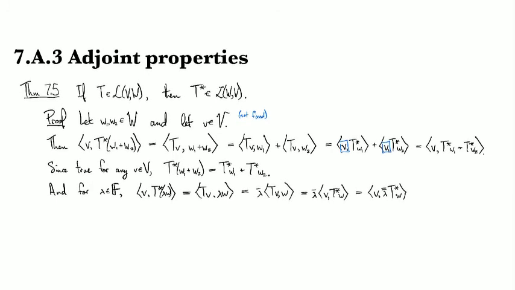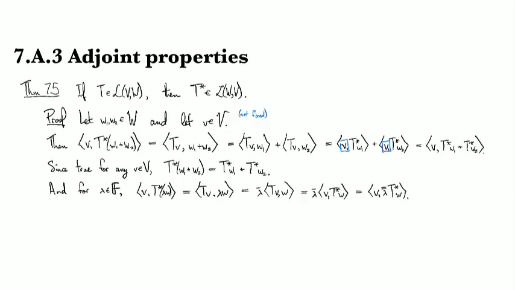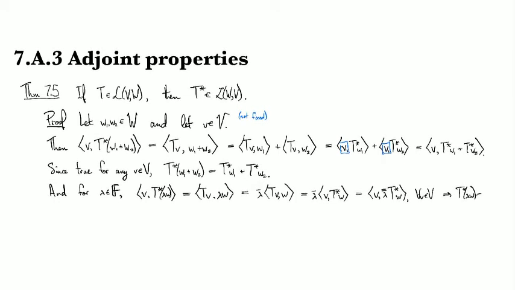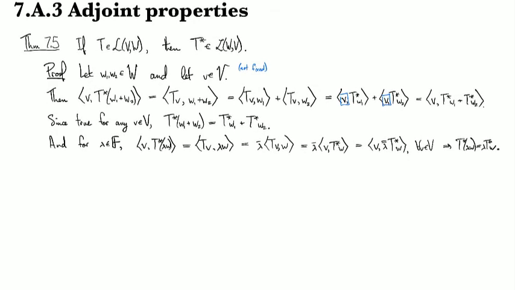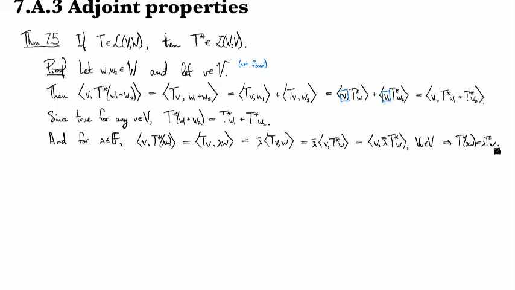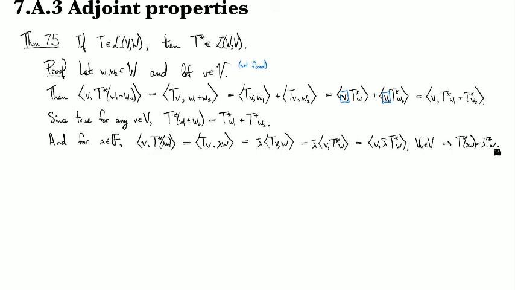And since this is true for every V, that implies that T star of lambda W equals lambda T star W. And so that gives us linearity.